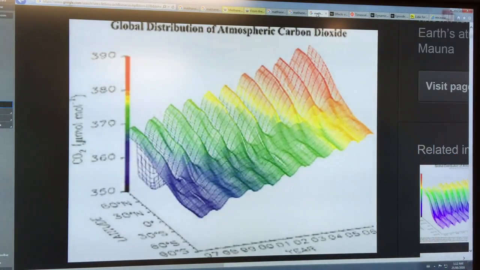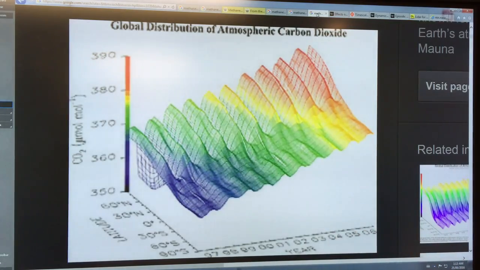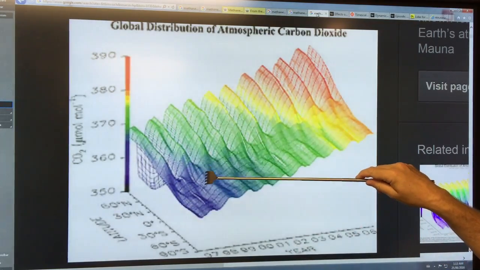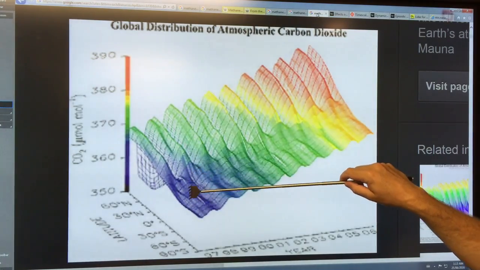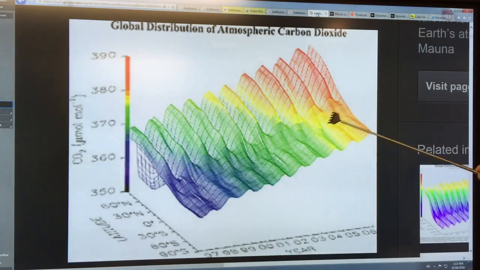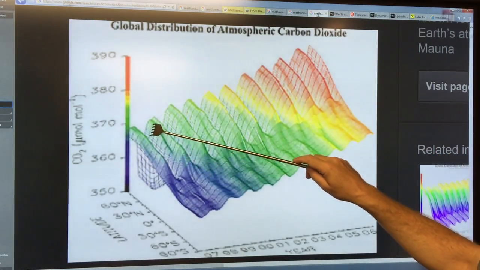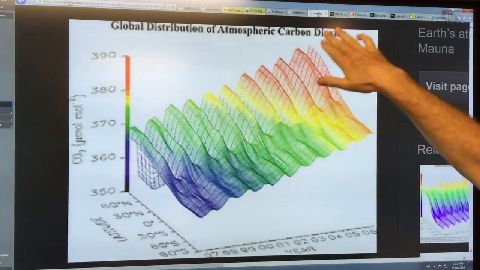Just for interest, this is a similar diagram with the atmospheric CO2, 1997 to 2008, and you can see how it's rising, but you can also see the distribution. It's basically lower in the southern hemisphere. As you go up into the northern hemisphere, up into the Arctic, the CO2 levels are much, much higher, and this is because the sources are much greater in the Arctic, and you can see this rise up here.